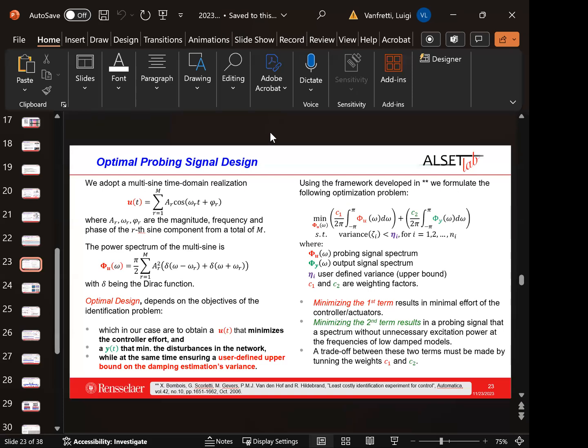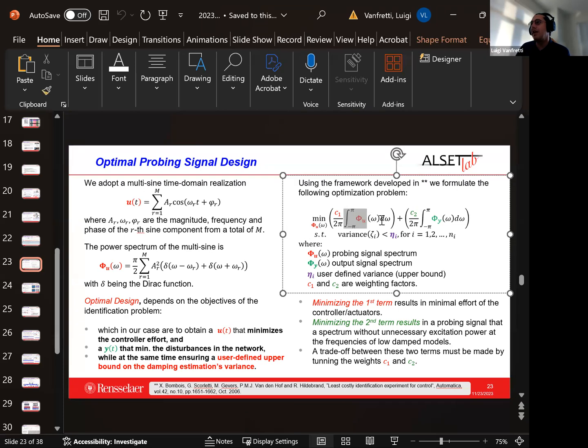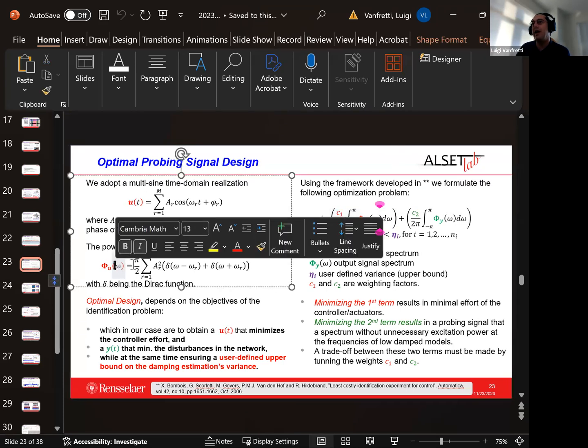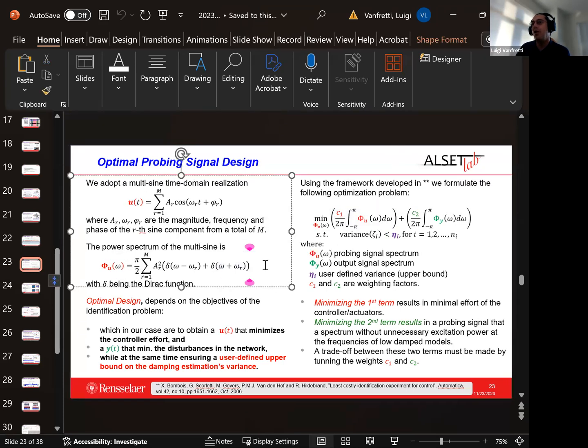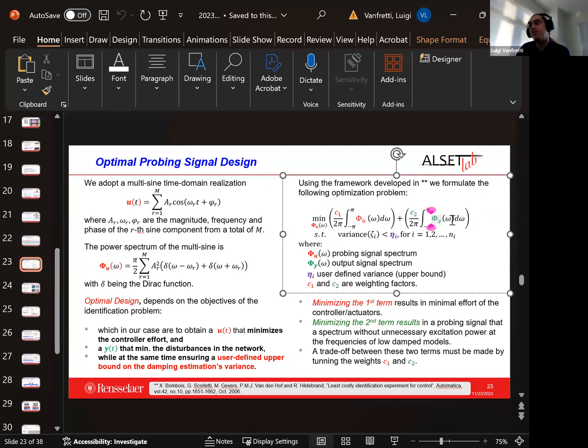So how do you solve this problem? Basically, you apply or select C1 and C2, and then you solve this minimization problem. Theta U here is the spectrum of the input signal, and theta Y is the spectrum of the output signal.